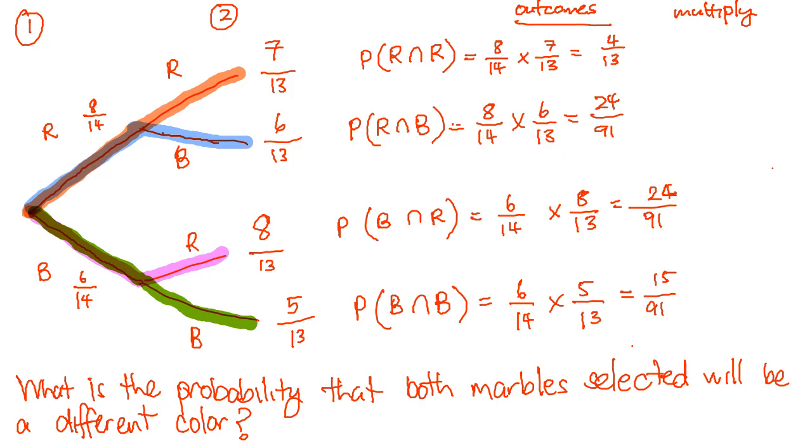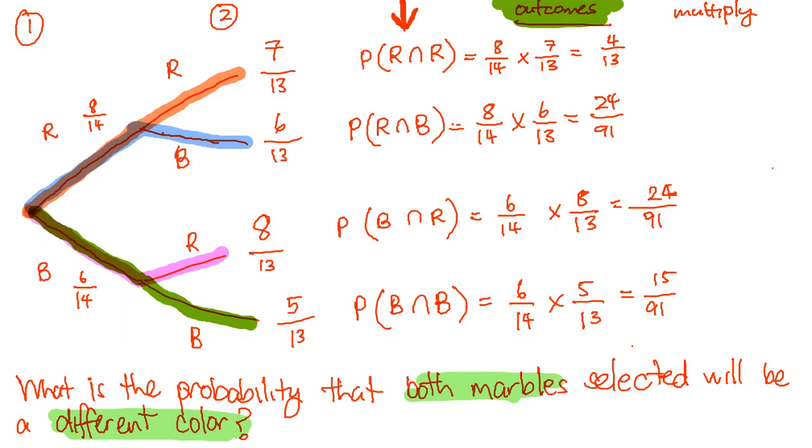So all you're going to do here, and your answer will always come from the outcomes, is in the outcomes that you've drawn up, you're looking for both marbles being a different color. So look at everything in this column here. Look for the ones where there are different colors.